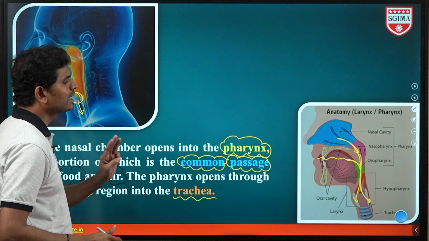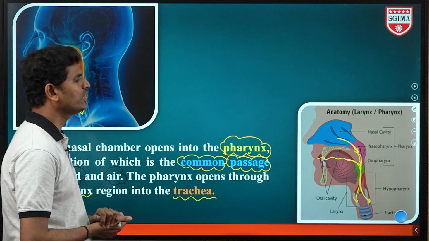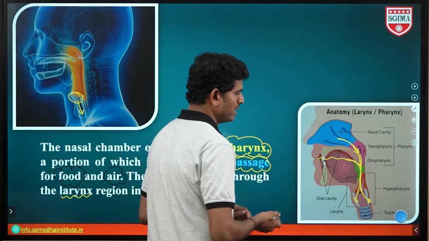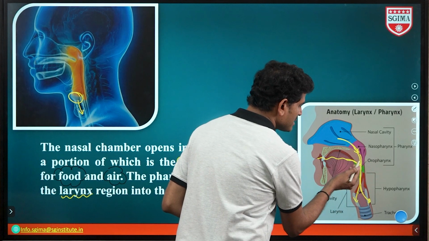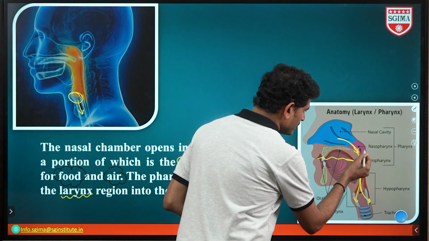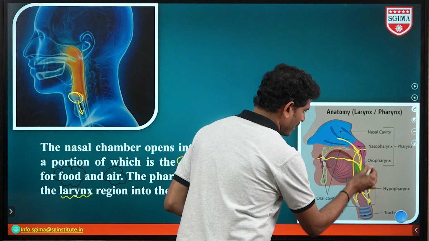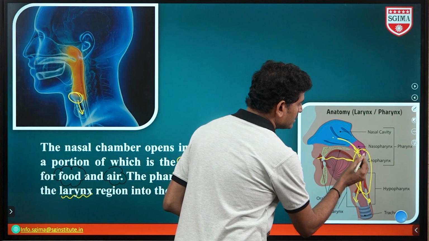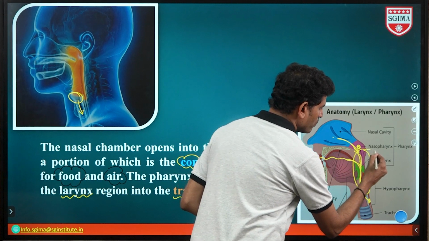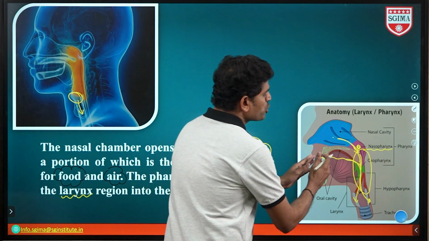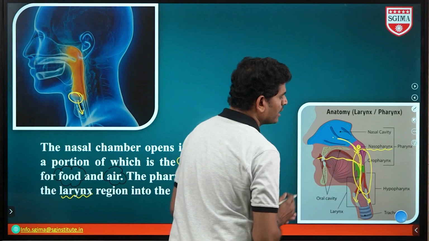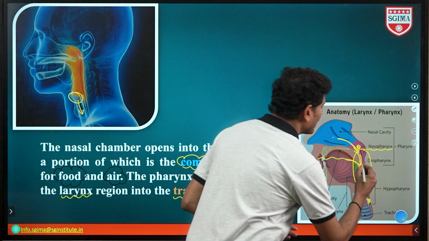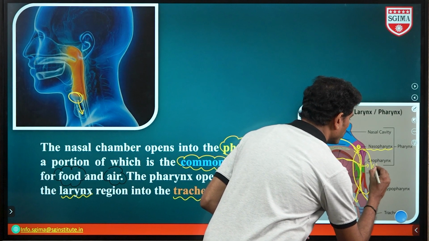Okay, so the pharynx has three regions. Those three regions are like this, based on its communication with different chambers. Totally we take the area from here onwards as the pharynx. Where the nasal chamber opens into the pharynx, it is the nasopharynx. Then the buccal chamber is connected with the pharynx, that is called the oropharynx, or buccopharynx.